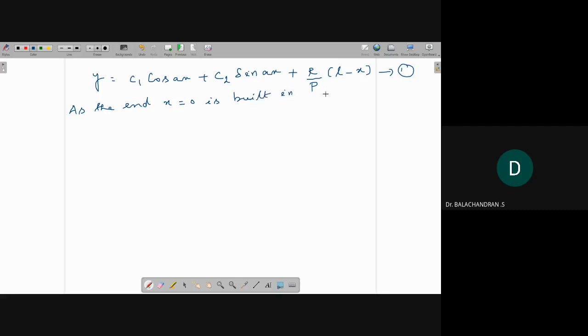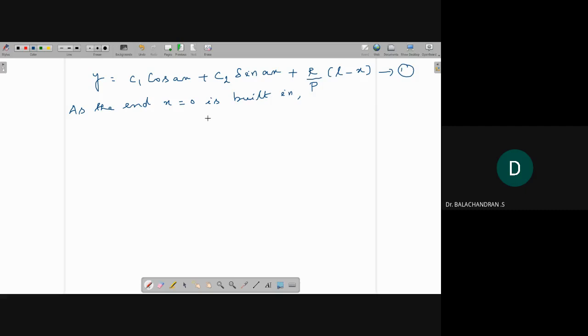What is the condition for a fixed end? Y equals 0 at x equals 0 and dy by dx equals 0 at x equals 0. Yes, correct, Pragdish.